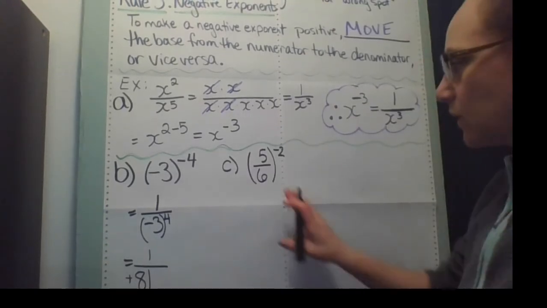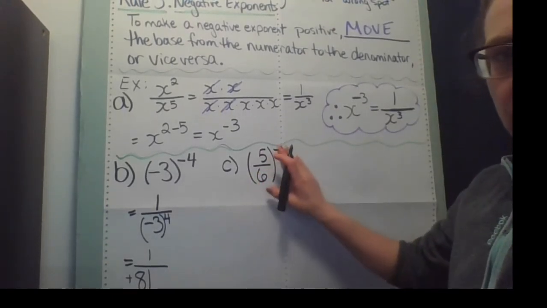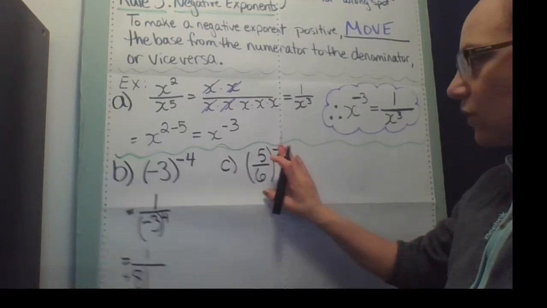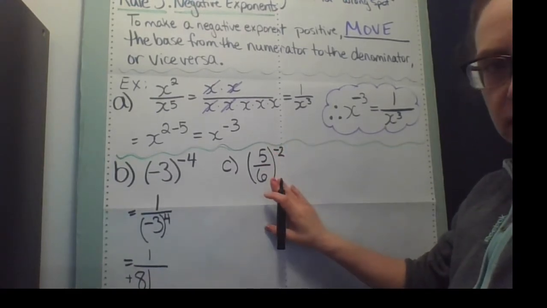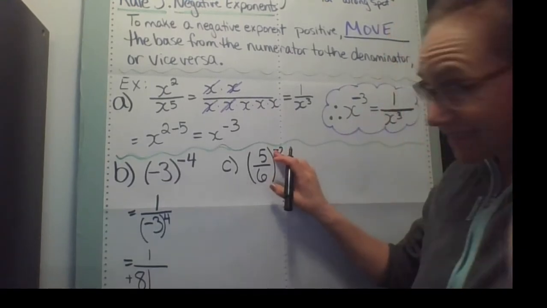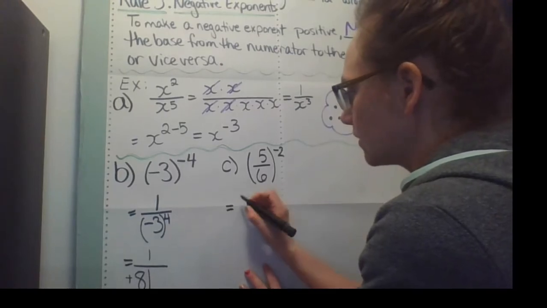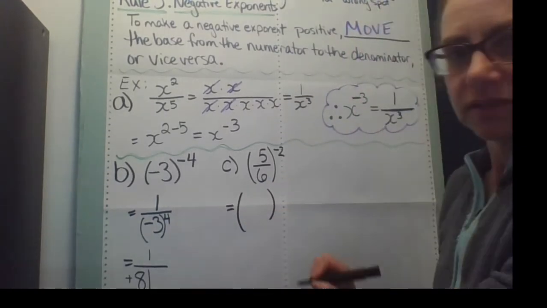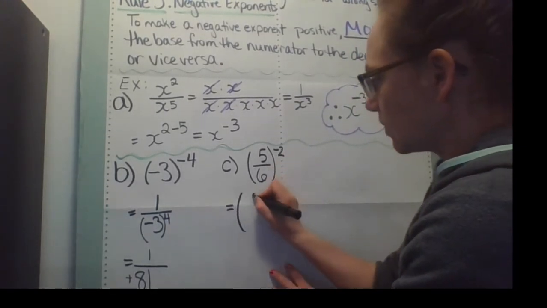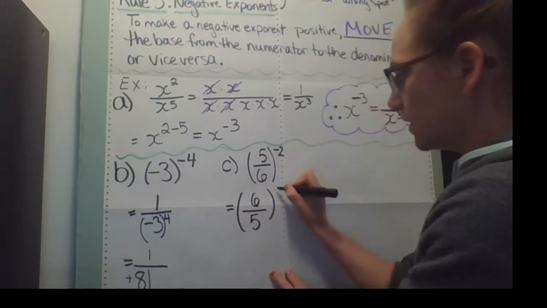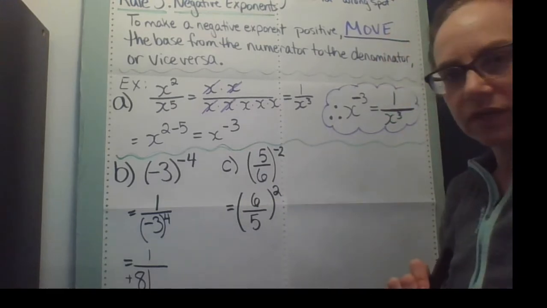Okay, how about this example? Now I've got a full fraction in here, all to the exponent negative 2. We know from before that the exponent affects everything inside the bracket, which means that the negative applies to everybody in the bracket. So one way to handle this question is we're just going to trade places. My 6 is going to come up into my numerator, and my 5 is going to come down into my denominator, and now I have a positive exponent.